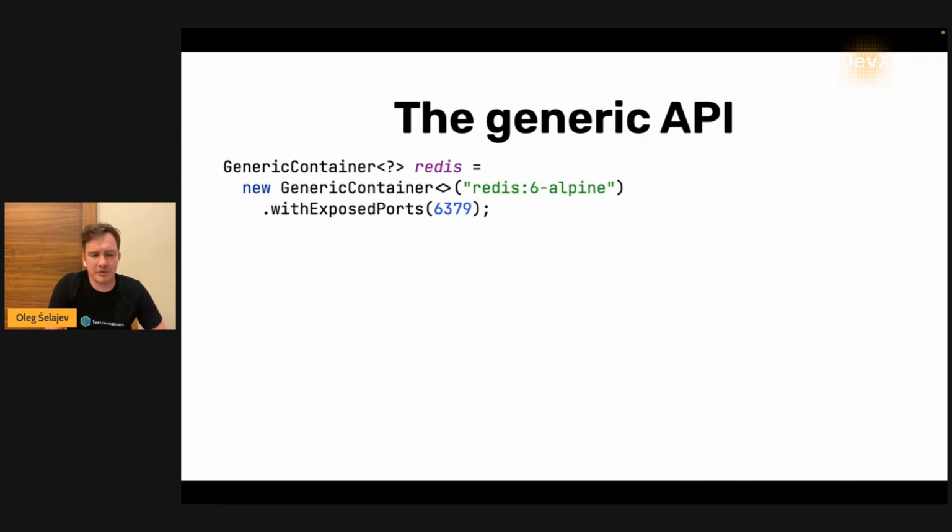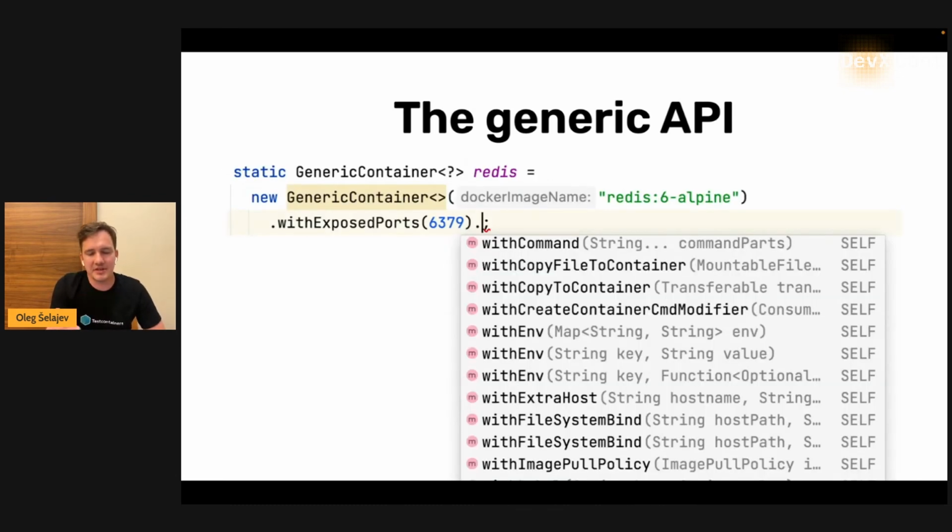And then the third step after we have the modules, there's the generic API. We saw an example of running the Docker Redis container with a little bit of configuration based on the exposed ports. But what the generic API gives you is the amazing opportunity to do anything that you would do with the normal Docker configuration, but with an API. You can specify which commands you want to run in the particular Docker images, what environment variables, you can copy files into the Docker containers.